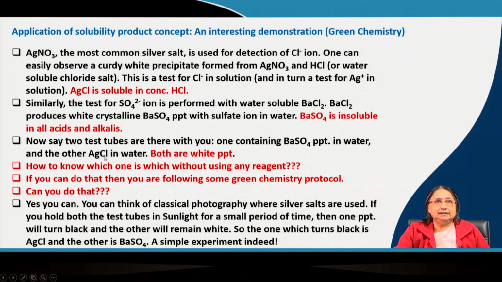Both are white precipitates, and you are not given any HCl to test. So, how can you test? Without putting any reagent, how can you tell which is AgCl and which is barium sulphate? If you can do that, then it is a green chemistry protocol. Can you do that? This is my question.